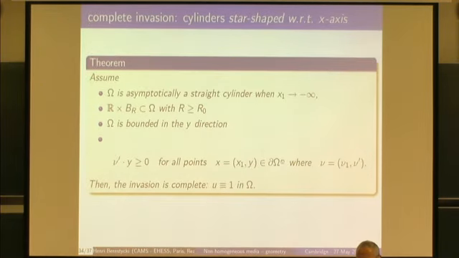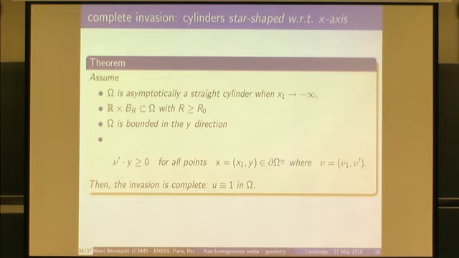And there is another class of domains which I like here, which we like to call star-shaped with respect to the x1 axis. So what does it mean? Again, we have this cylinder to the left, we have an inner cylinder with size above critical, omega is bounded in the other directions, and let's assume now, so in dimension 2, let's assume just that nu2 is greater than or equal to 0 at every point of the boundary.